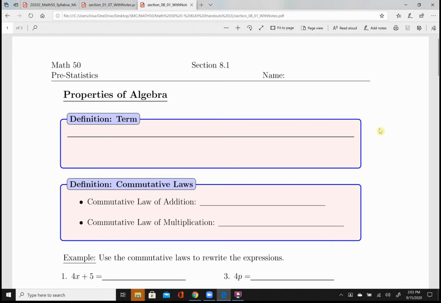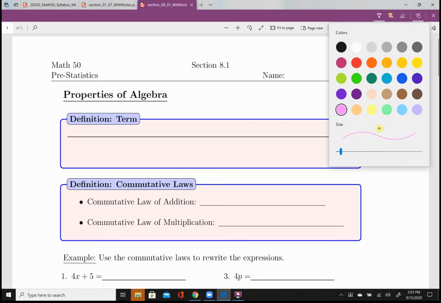Okay, in any event, let's go ahead and start off chapter 8, which is the beginning of unit 2. And let's start by defining what a term is. A term is an element in an expression that is separated by either addition or subtraction. Let me go ahead and write that down for you. We'll add some notes.